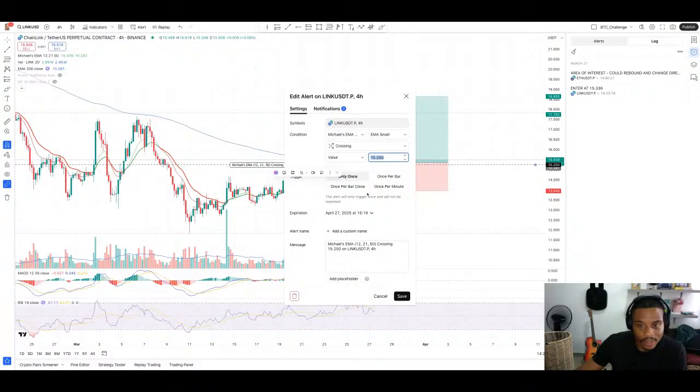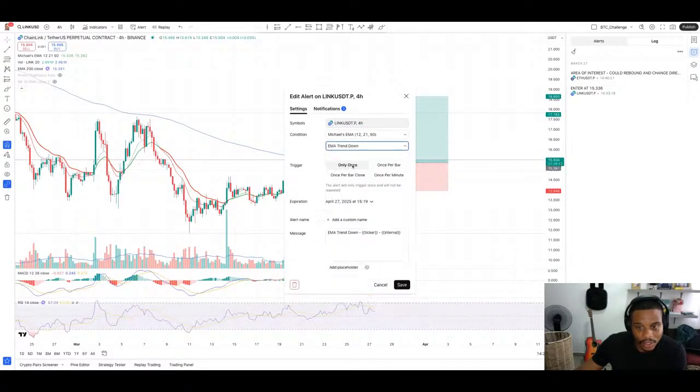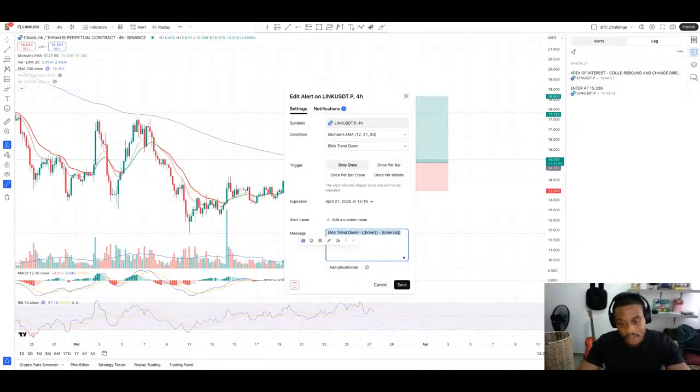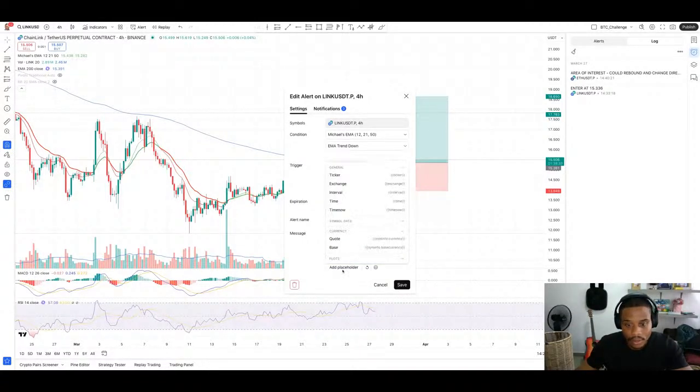I need to exit the trade. That's the point I'm making. So what I do is I come here, once it trends down, once my exit trade, right? So just exit trade. I put the ticker.